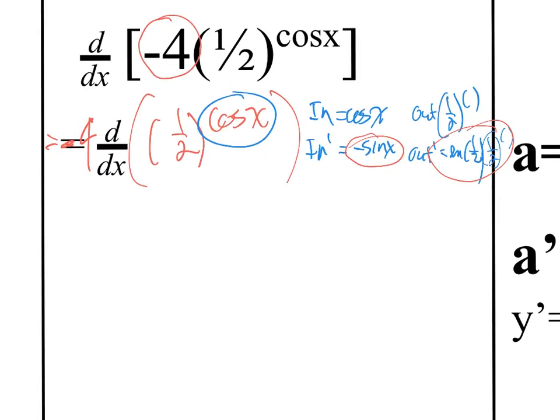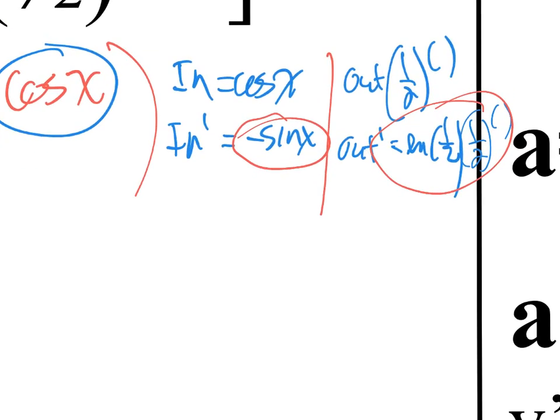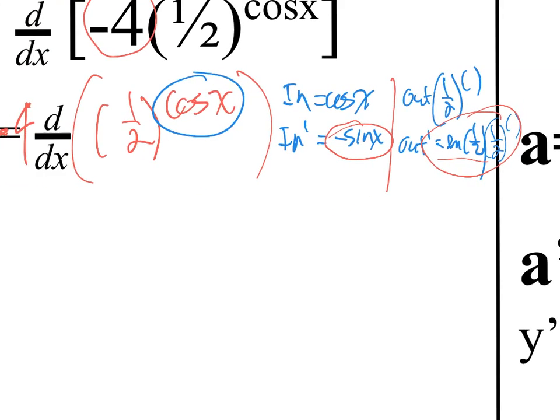Again, you can use those substitutions that I used in class, or you can do it this way. You're at the point now where hopefully you're starting to get the hang of this. So when I go to combine those, I need to multiply the inside and the outside derivatives. What's going to come first, sine x or ln of 1/2? Well, you're probably going to want a coefficient first, which is ln of 1/2.